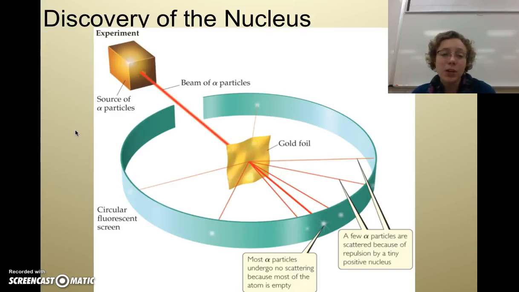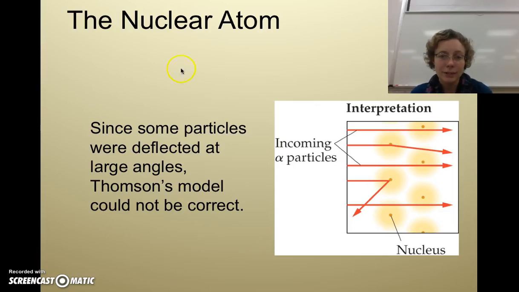So then when they started looking as to why they might be deflecting so incredibly much, they came up with the theory that instead of having this big blob of positive charge for your atom, you instead have a really dense core that we call the nucleus. So this is how we discovered the nucleus. Kind of looks like this.